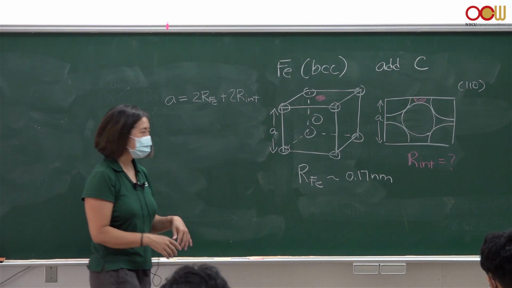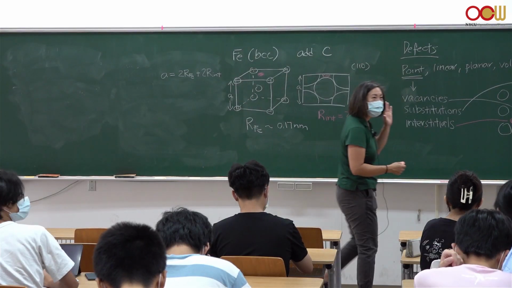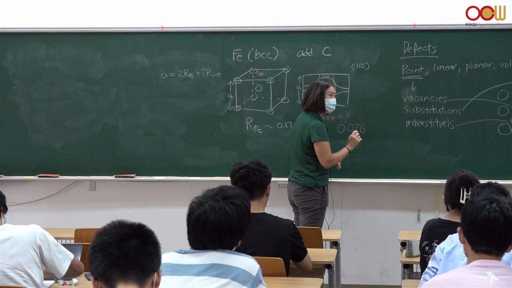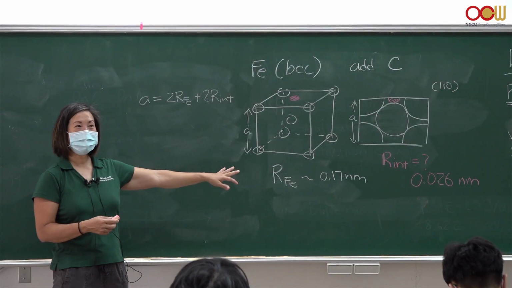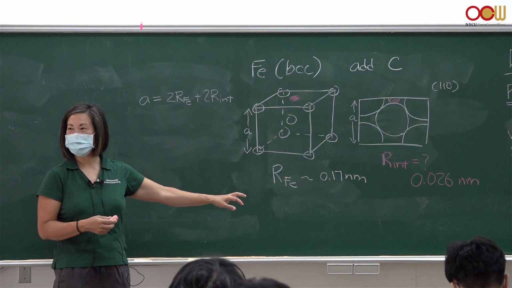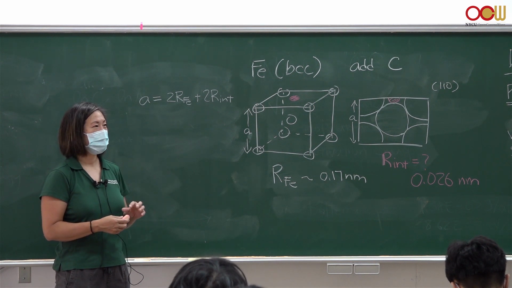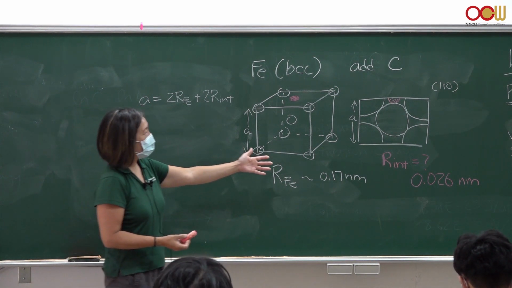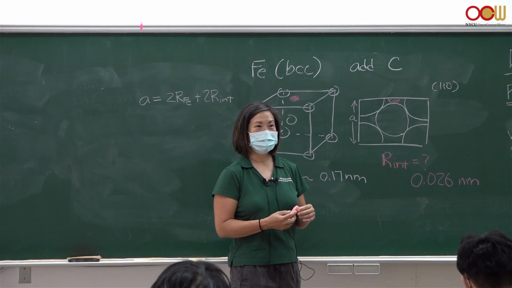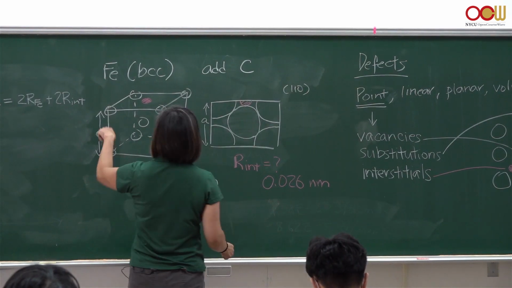Anyone have any numbers yet? 0.0. What's the unit? Nanometers. So if no one has a different number, does anyone have a question about how we got 0.026? So looking at this diagram, I could say that there might be another interstitial site, right? Maybe along the edge here.